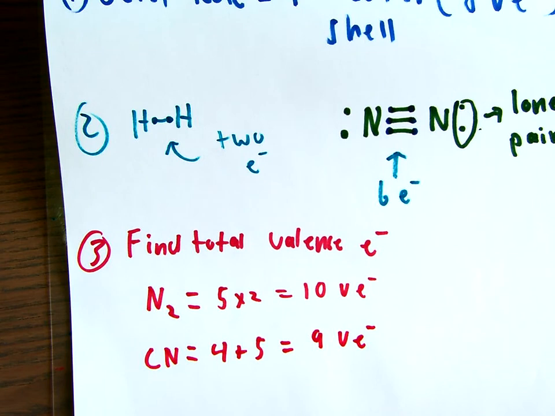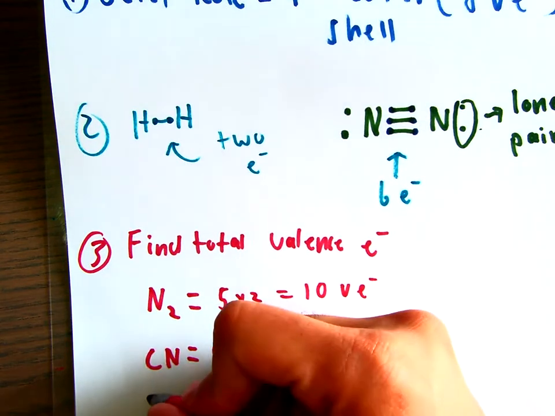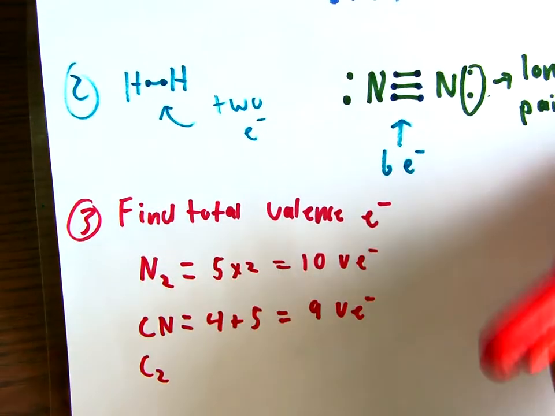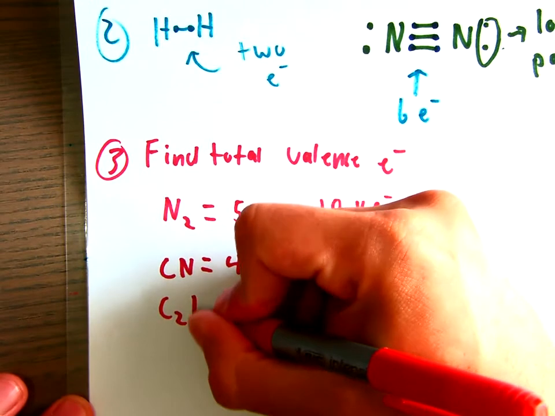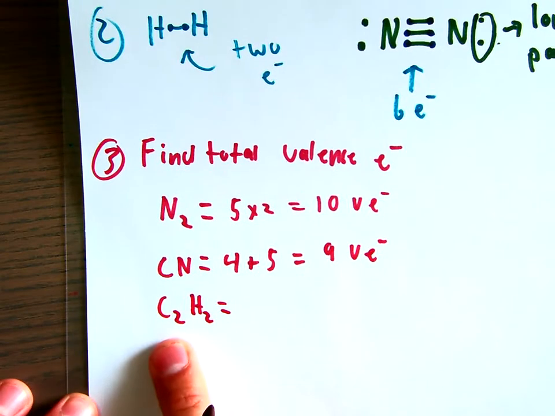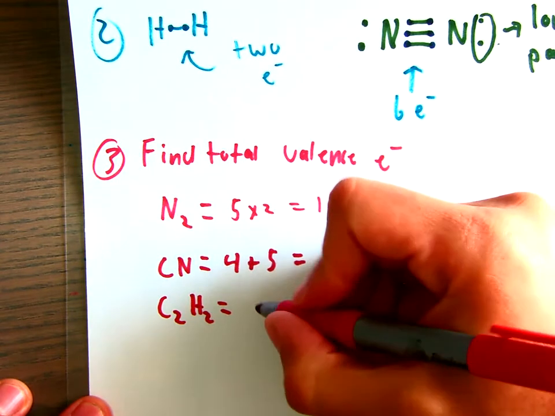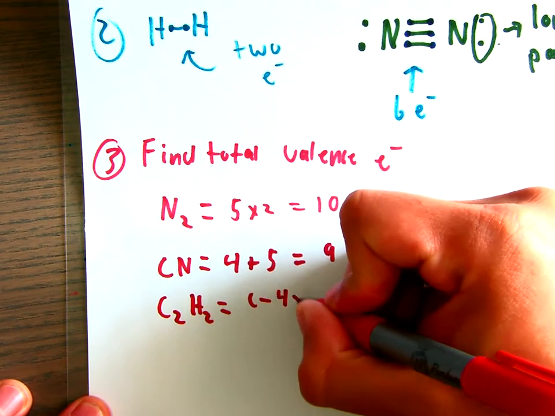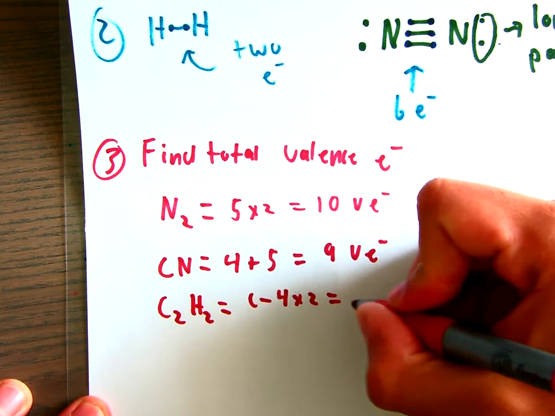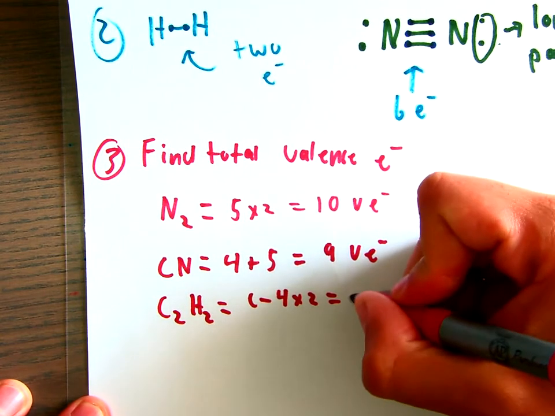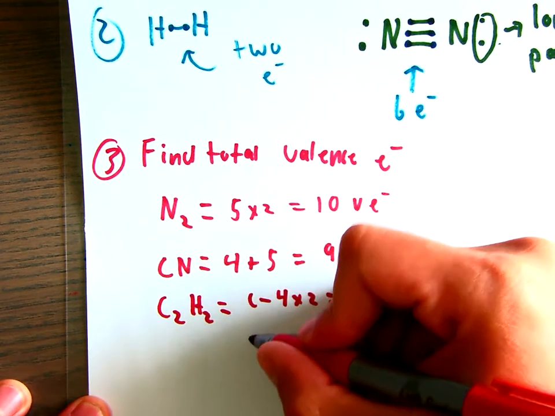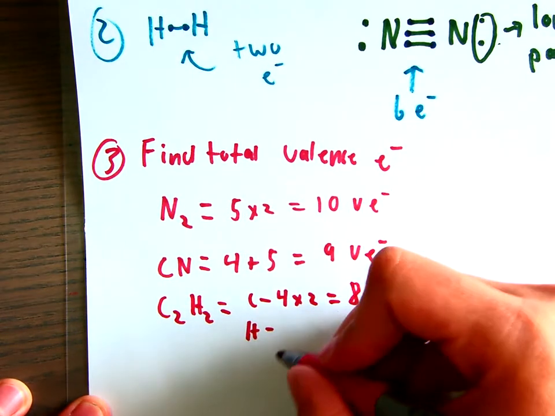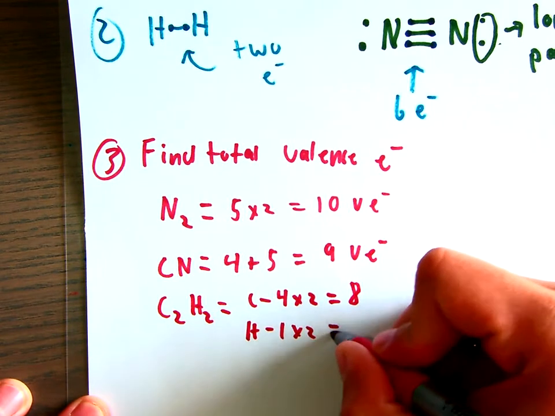Okay, now let's do another example. Let's say we have C2H2. We know carbon has 4 valence electrons, but we have 2 carbons, so multiplying times 2 gives us 8. Then we have hydrogen. Hydrogen only has 1 valence electron, but we have 2 of them, so it would be times 2, 2.